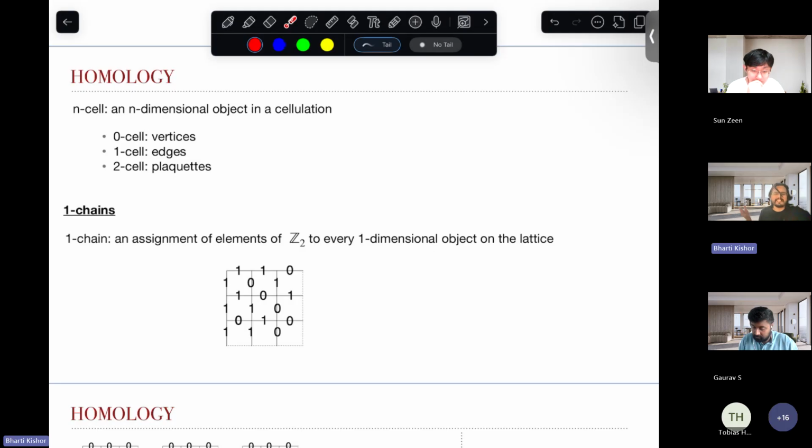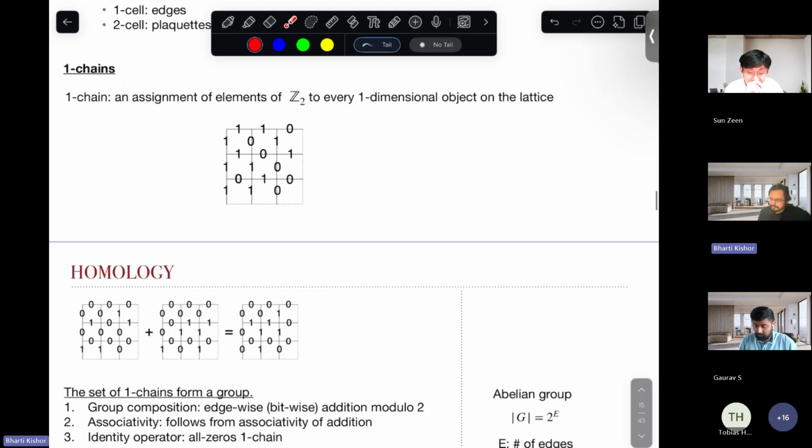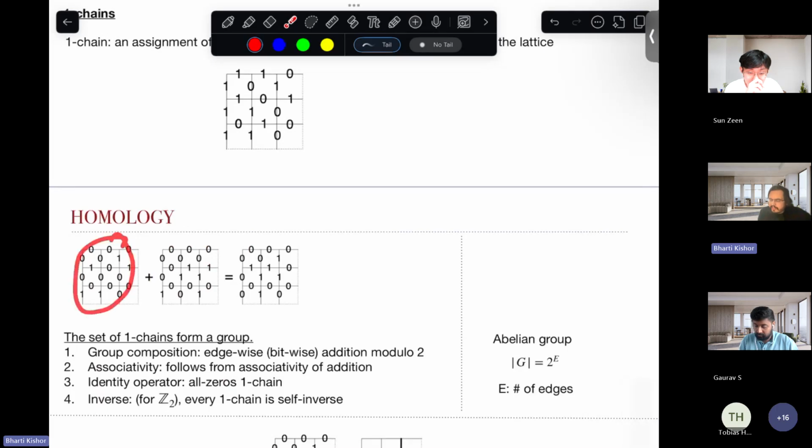So you can think of it more like a set, or whichever way makes sense to you. It's just an assignment of 1 or 0 to different edges. I could have very well assigned this 0 and this one 1, but that would have been another example of a 1-chain.